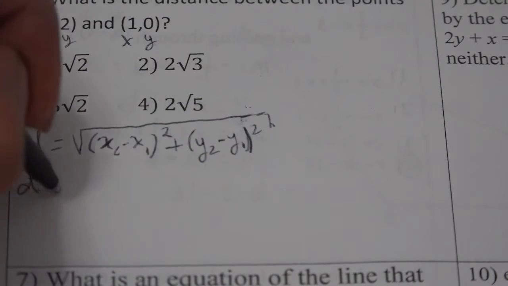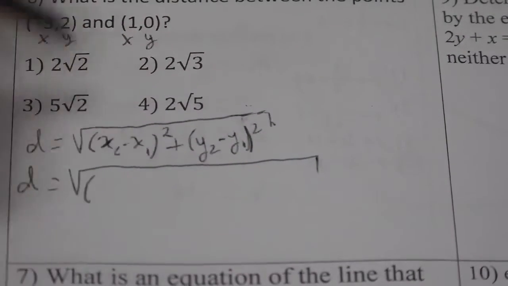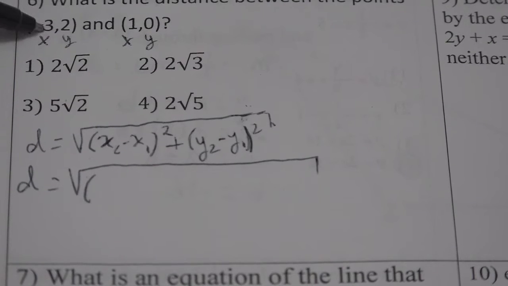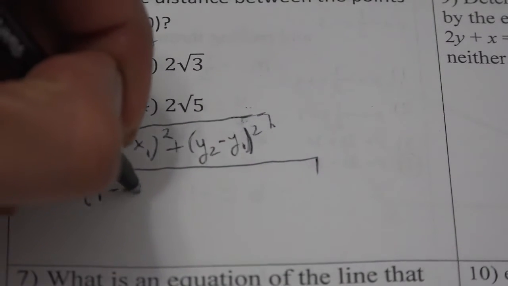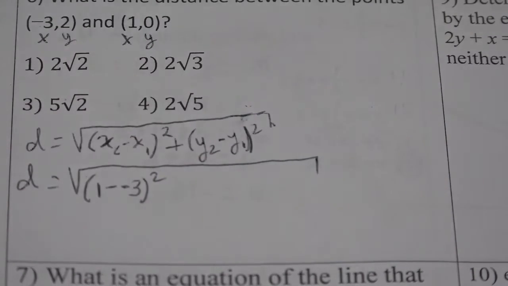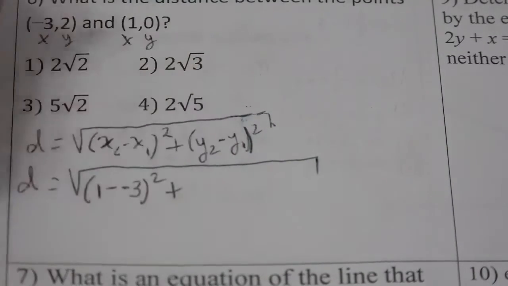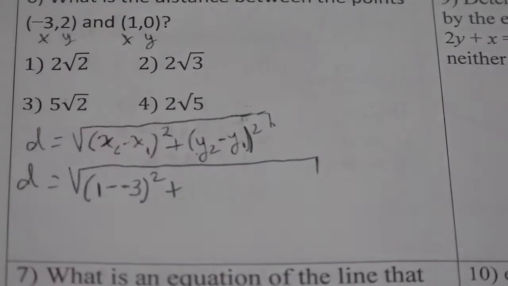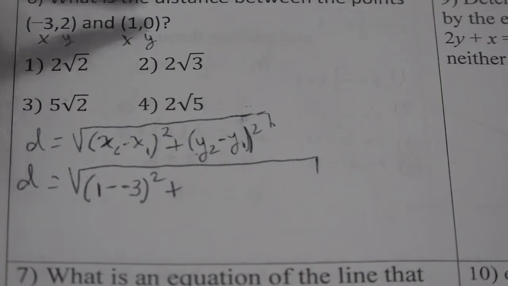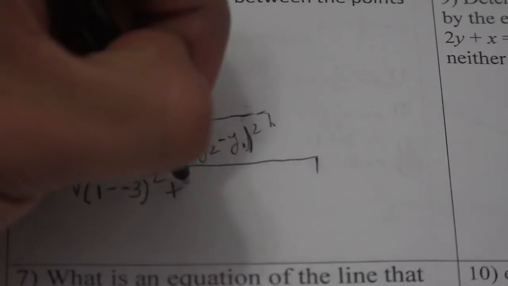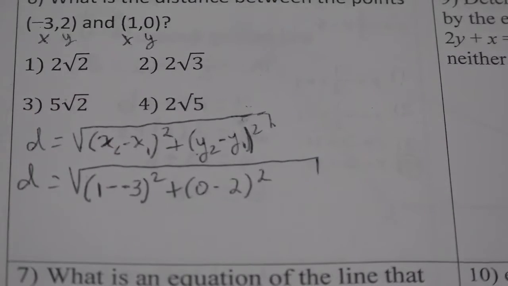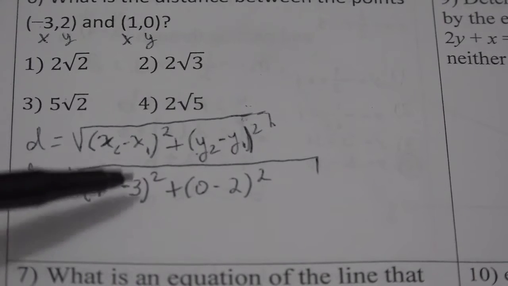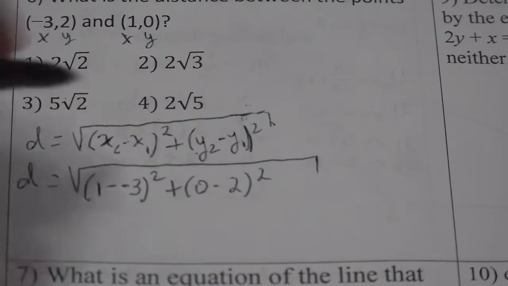All right, so distance. x2 minus x1, so 1 minus negative 3, squared, plus from the formula y2 minus y1, so 0 minus 2, and squared. Remember, it's like the Pythagorean theorem: c squared equals a squared plus b squared, then at the end you take the square root.